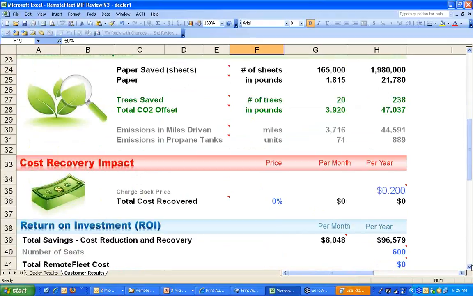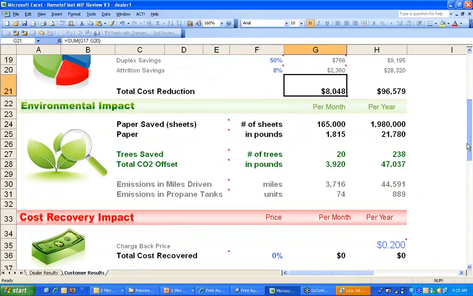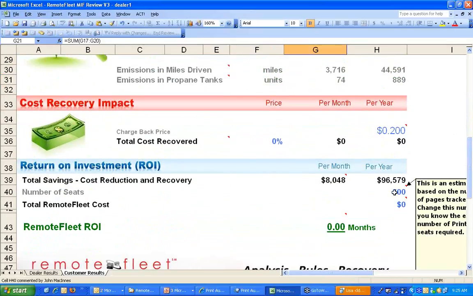Okay, so here's the exciting part. There is a return on investment associated with this software. We've already seen the savings that accrue to this customer, to the tune of almost $100,000 a year. But let's now look at what this environment really looks like in terms of the cost for the software and the months it would take to get your return on investment. We're estimating, based on Gartner's statistics, that this environment contains roughly 600 individuals.